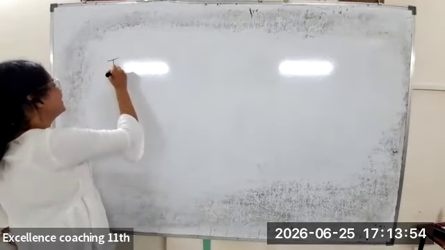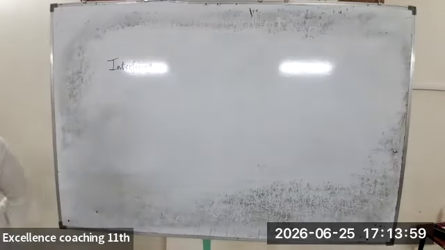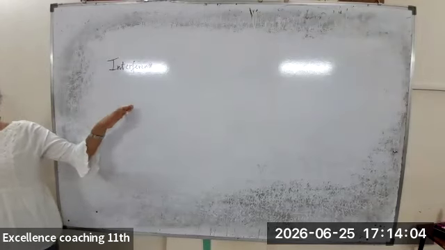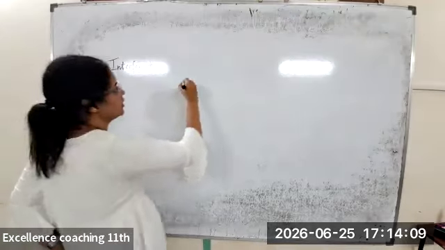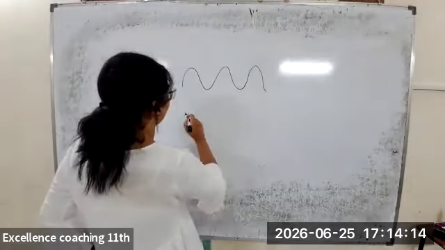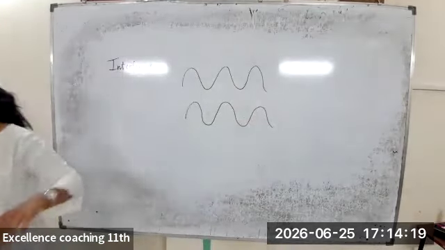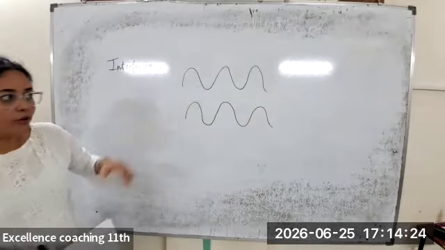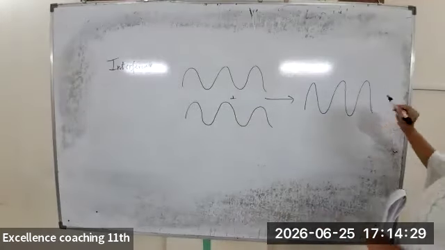In terms of wave nature, interference is when we have two waves and they add on, giving a wave of a higher amplitude.